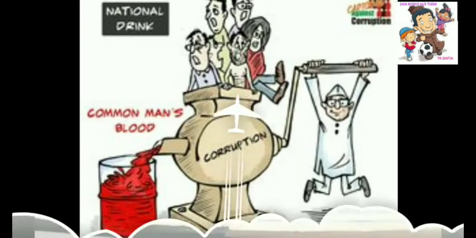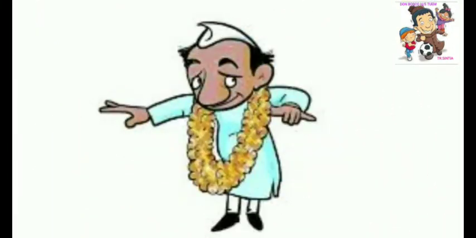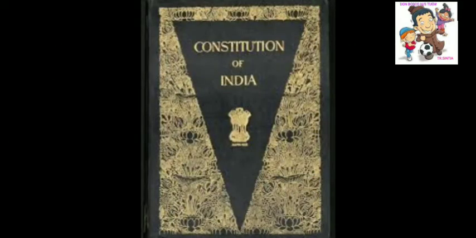Here, the Constitution usually provides safeguards against this. In short, we can say that the elected members have to follow the rules stated in the Constitution. They cannot overthrow the Constitution.